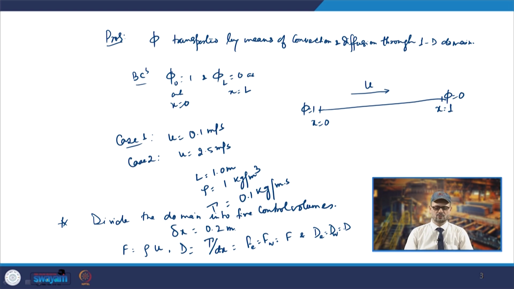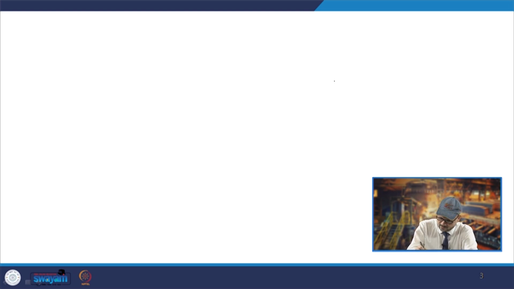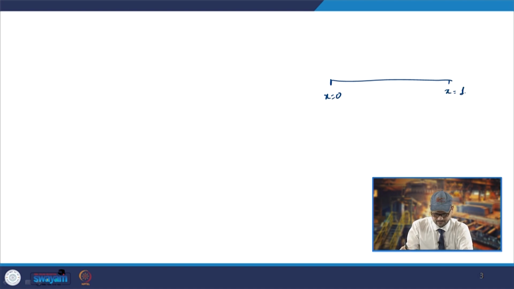So, what we will do next: your domain will look like this. You will have this point on the side. This will be x equal to 0 and this will be x equal to 1. You have this point as A and this point as B.